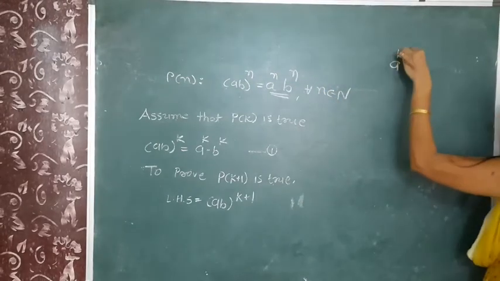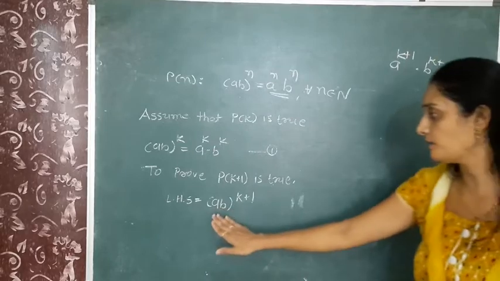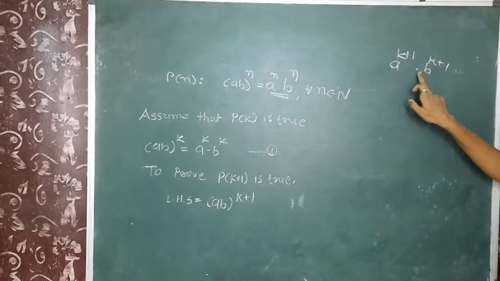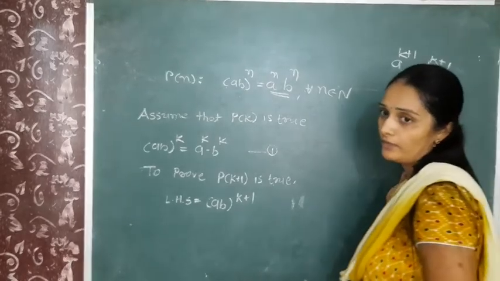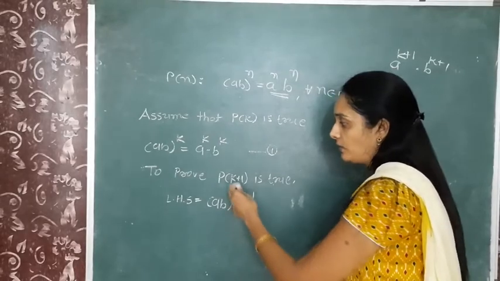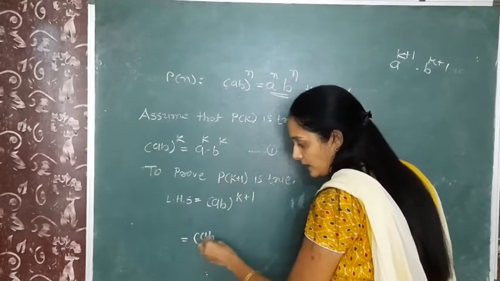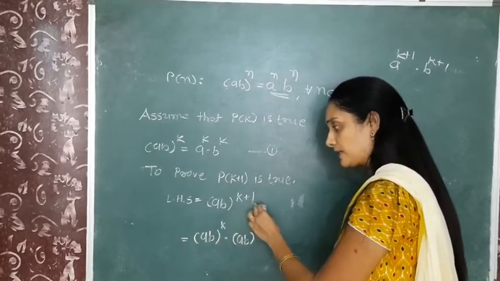So in short, આ ટર્મને સિમ્પ્લિફાઈ કરતા if we get A raised to k plus 1 into B raised to k plus 1, then we can say left hand side is equals to right hand side for P of k plus 1.